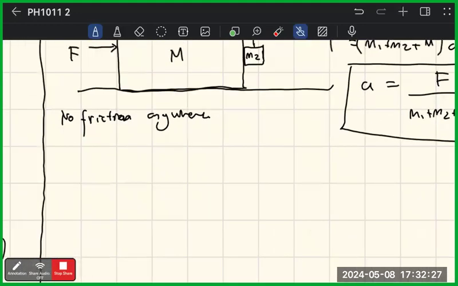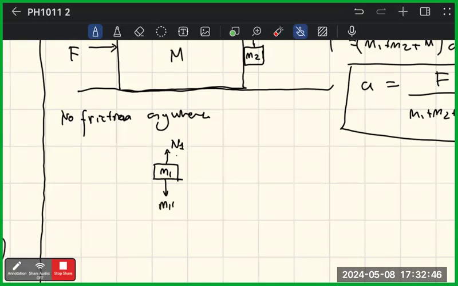So for each mass, m1 will have this normal force from M. It doesn't actually matter, but we'll just draw it. Normal force, let's just say N1.